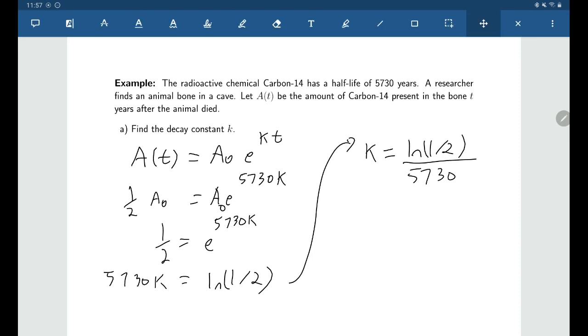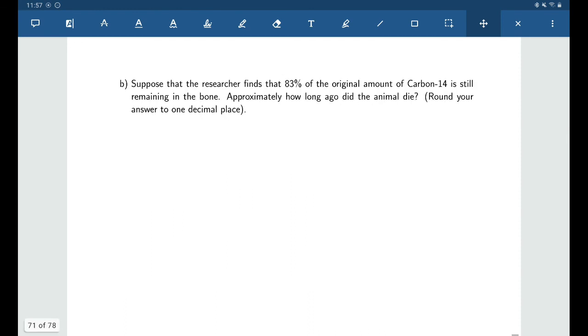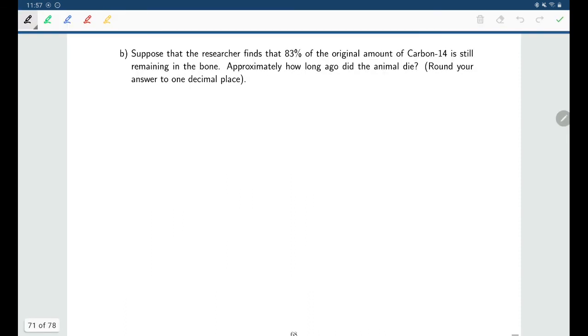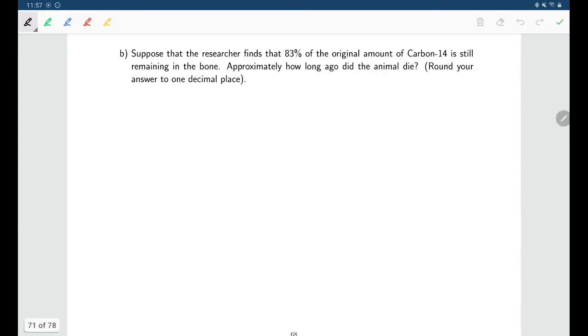And now that I've got my decay constant, I can now answer the following question. So this bone, we've assessed it, and it looks like it still has 83% of the original amount of carbon-14. So that means what we currently have is 83% of the original amount.